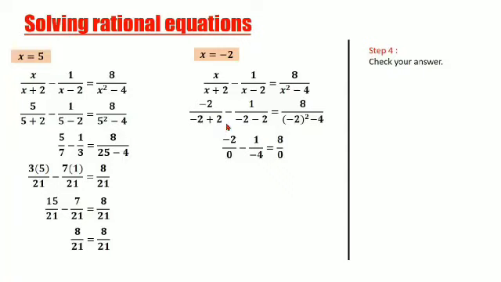Now, as you can see, observing the denominator of this one, negative 2 plus 2 is 0. Also, on the other side, we will have 8 over negative 2 squared is 4, minus 4 is 0.